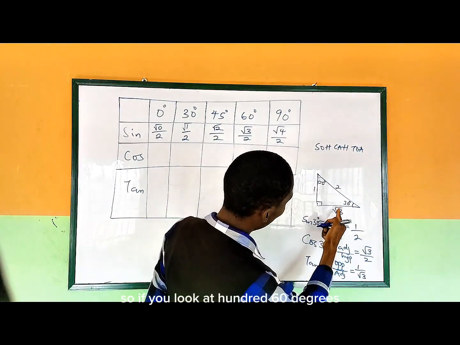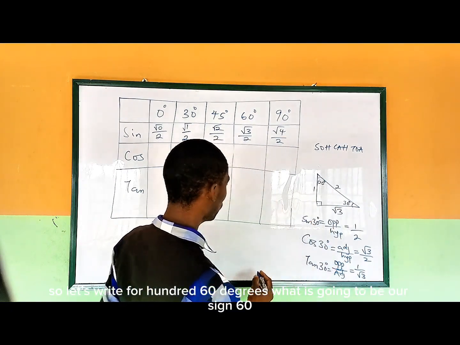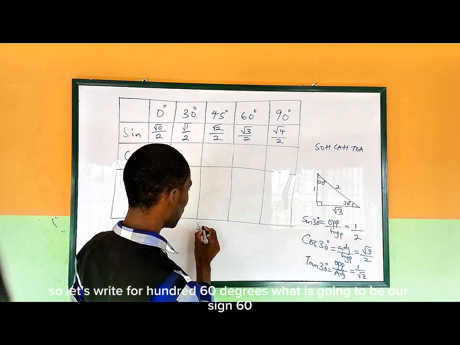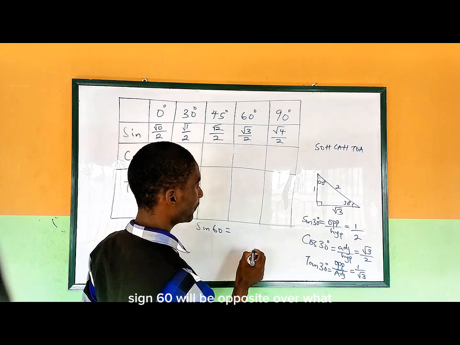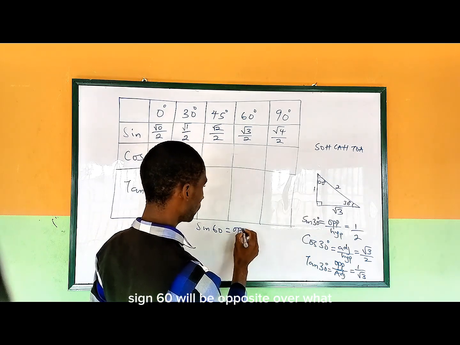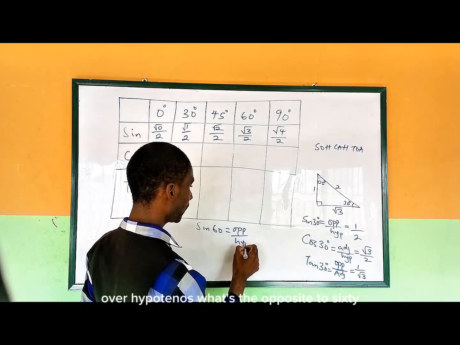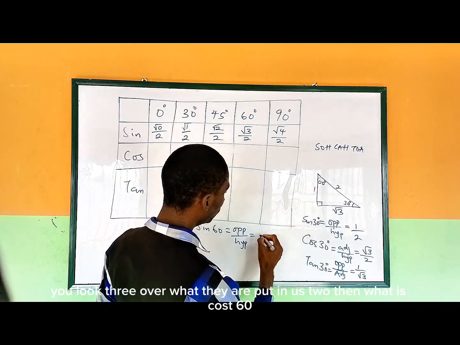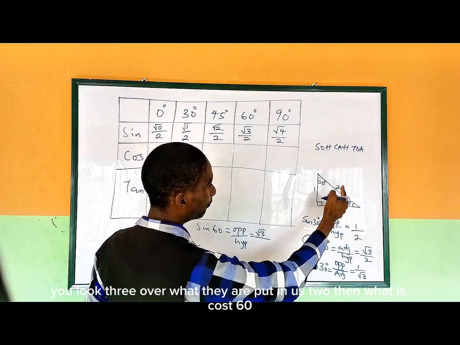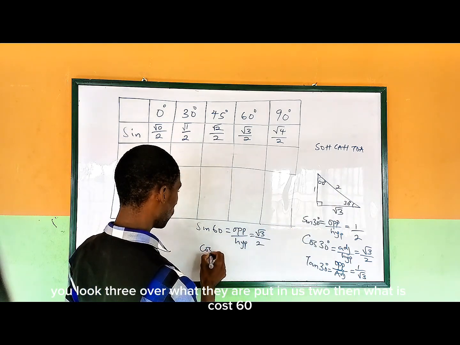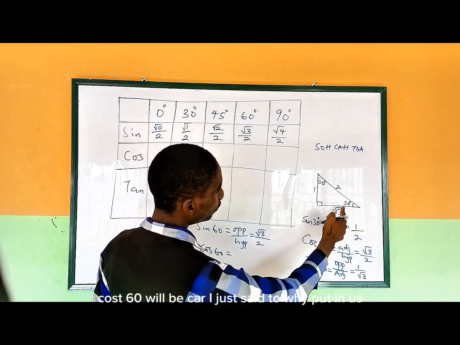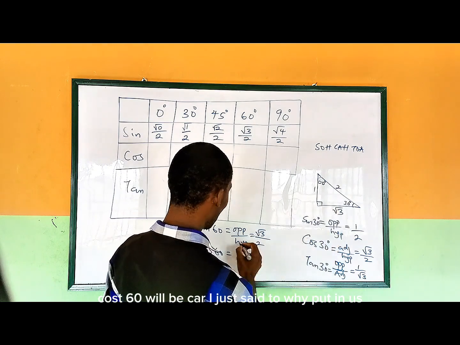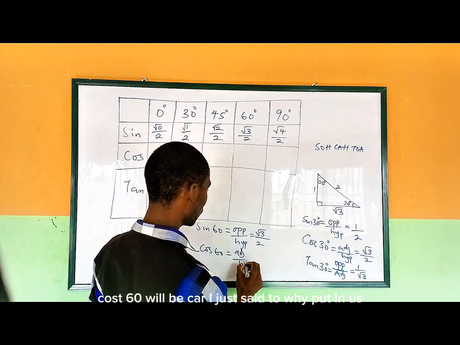So if you look at angle 60 degrees, let's write for angle 60 degrees. What is going to be our sine 60? Sine 60 will be opposite over hypotenuse. What's the opposite to 60 degrees? Root 3 over the hypotenuse, 2. Then what is cos 60? Cos 60 will be adjacent over hypotenuse.